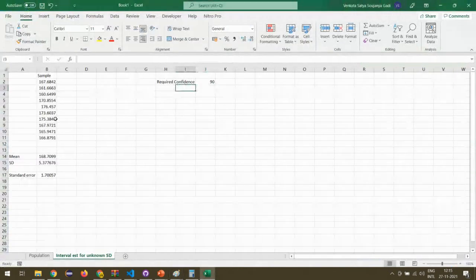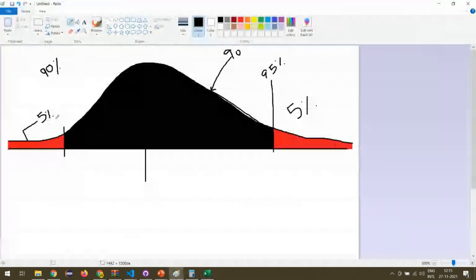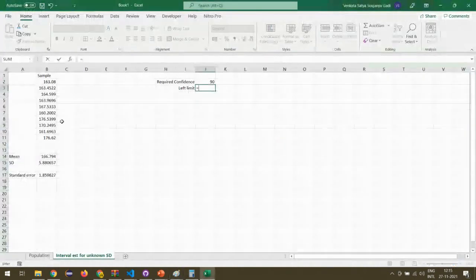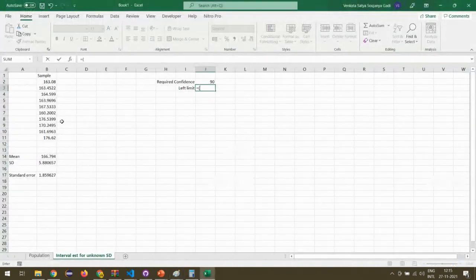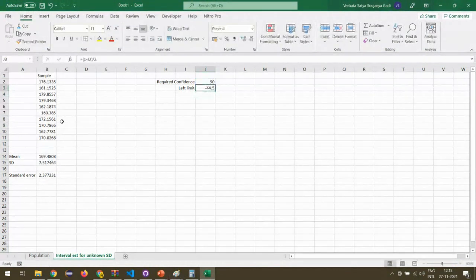The left limit is 5%. So how do I calculate 5%? It is 1 minus 90 divided by 2. But here it is 90%, so I'll put 0.9 and I'll write it in percentage. Okay. This is the left limit.